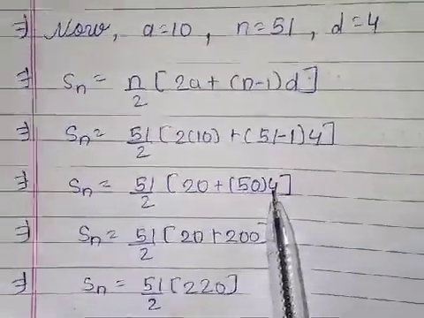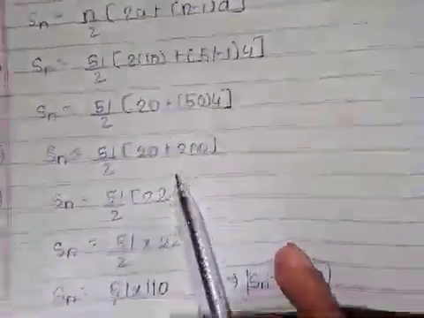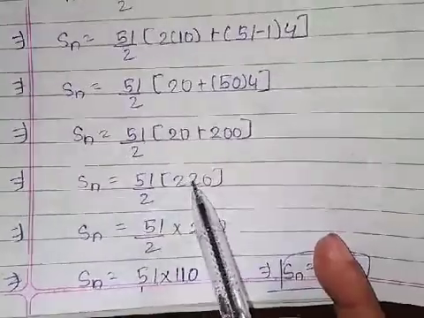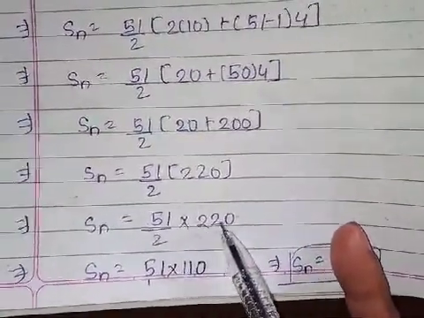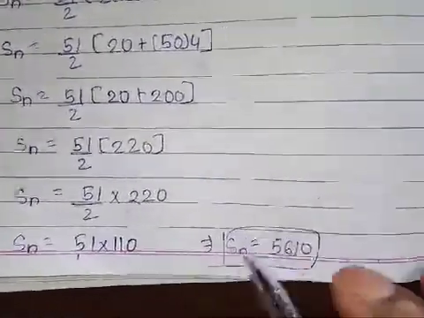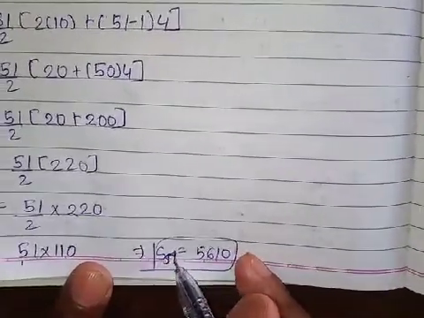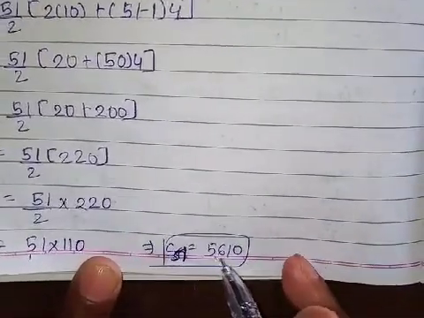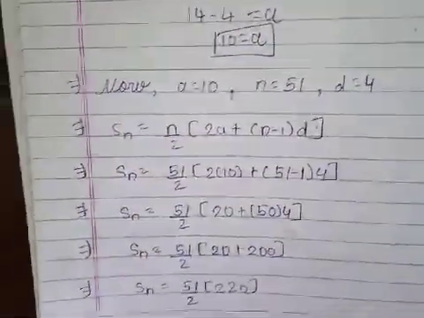So that is 50 into 4, that is 200, plus 20 is 220. And if you divide by 2, you will get 110. 110 into 51 will give you S51. You can write S51 is equal to 5610.